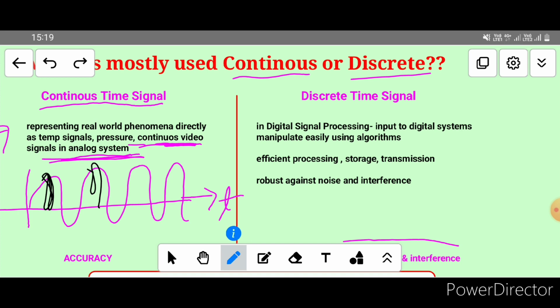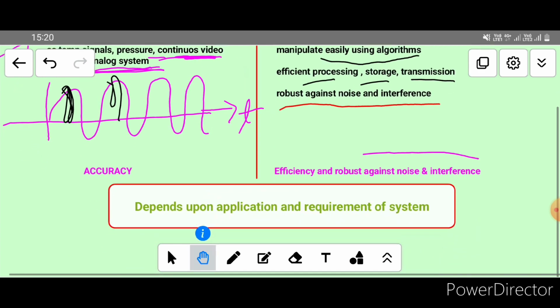On the other hand, discrete time signals are used as an input to digital systems where they can be manipulated easily using algorithms, where there is efficient processing, where they can be stored easily and transmitted easily. Also, discrete time signals are robust against noise and interference as compared to the continuous time signal.